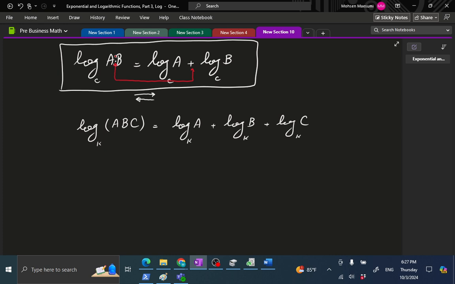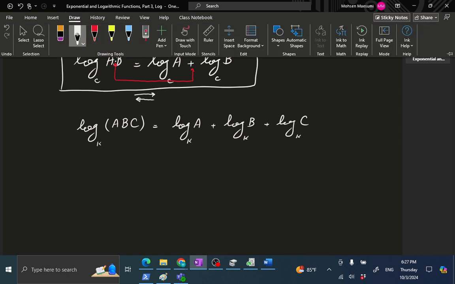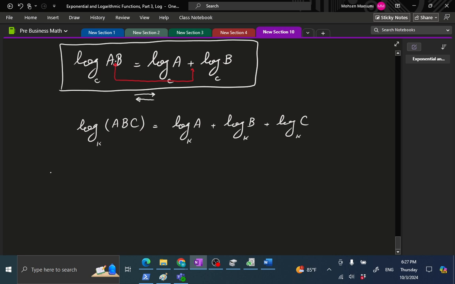Well, you may be wondering what's the rule for division. If the logarithm is so great with multiplication, what does it do with division? A good question. Logarithm of a fraction A over B in some base C is the logarithm of the numerator minus logarithm of the denominator in the same base.